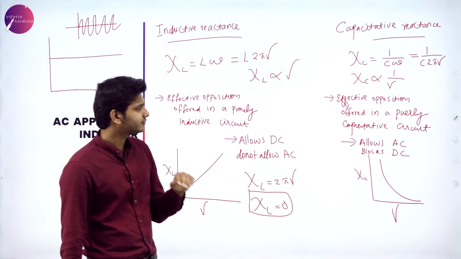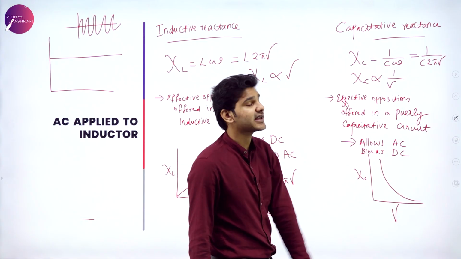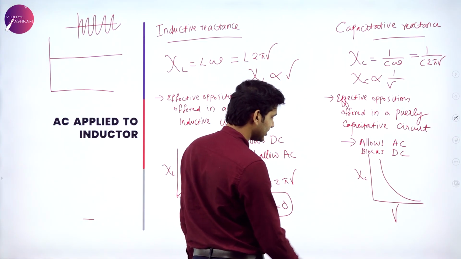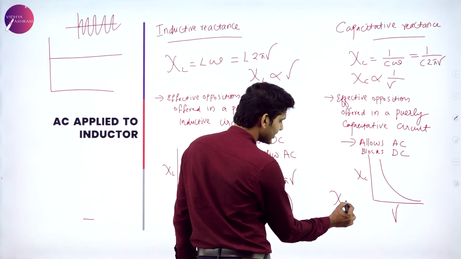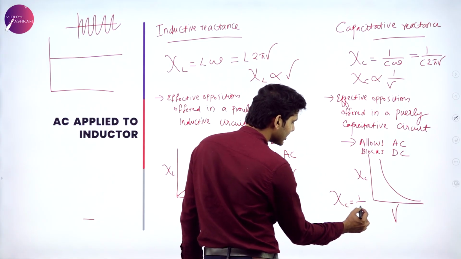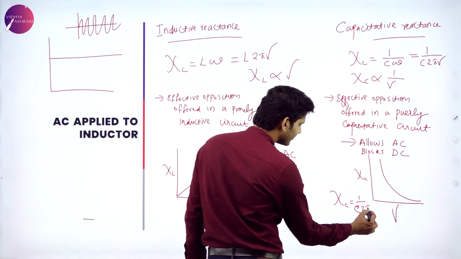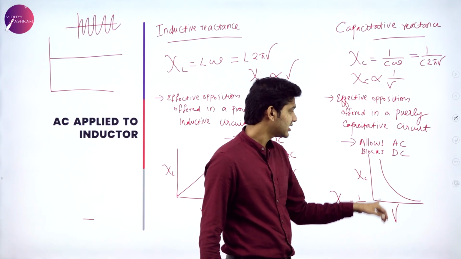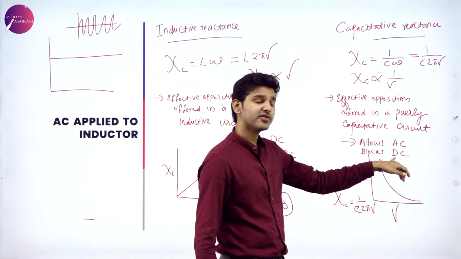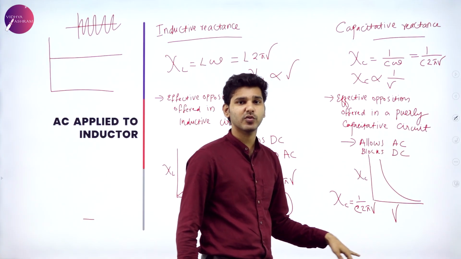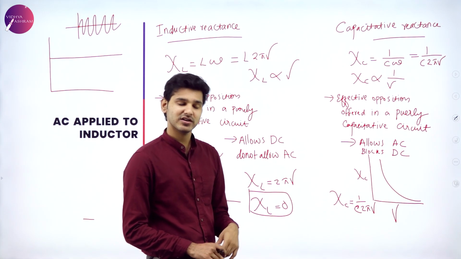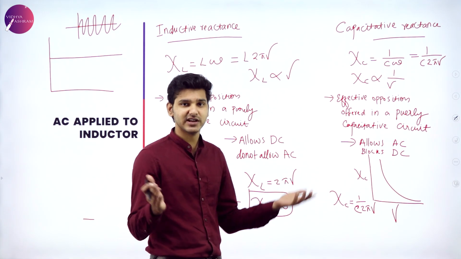Then for a capacitive circuit, it's very easy again. If I take the same equation, X_C is equal to 1 by (2 pi mu C). Again, the value of mu is 0 for DC, which means 1 by 0. 1 by 0 is actually infinity, or undefined, but let's say infinity.